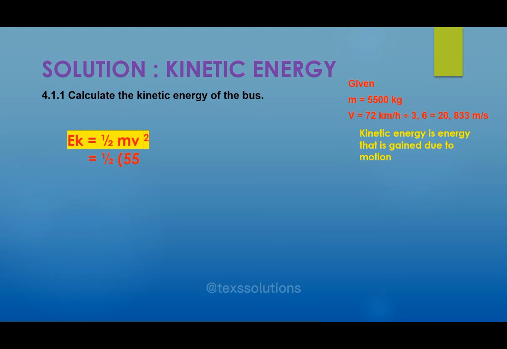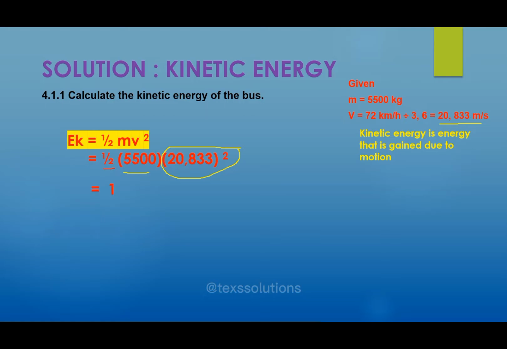So when I substitute into my formula, we can now see that we have half. The mass here is 5,500. Remember, mass needs to be in kilograms. And this is where you need to be careful. The velocity that we need to substitute here needs to be in meters per second and not in kilometers per hour. According to our conversion, the velocity in meters per second is 20.833.